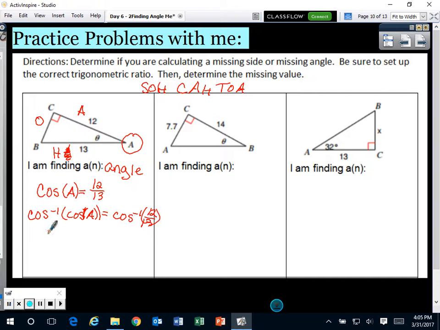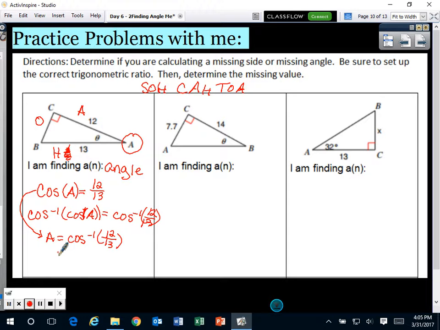All right, so the cosine inverse cancels out my cosine, so I'm left with A equals cosine inverse of 12 over 13. And like I said, if you don't want to write out this whole step and you know how you get from here to here, you are welcome to skip that long step. So cosine of A equals 12 over 13, which means A equals the cosine inverse of 12 over 13.